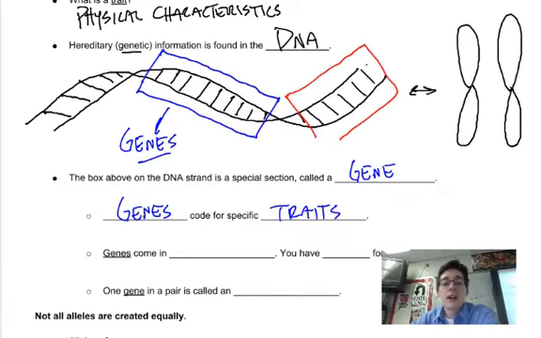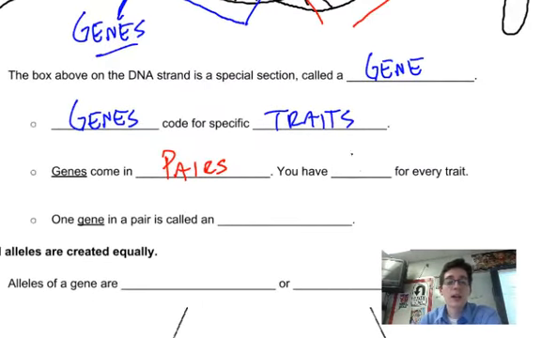Okay, so this is a DNA strand. Remember, over here, these are chromosomes, and you have 23 chromosome pairs. And all of these genes come in pairs. Okay, you have 2 for every single trait. And one gene in that pair is called an allele.